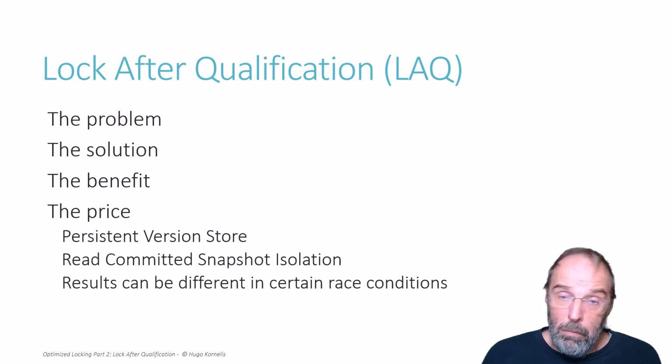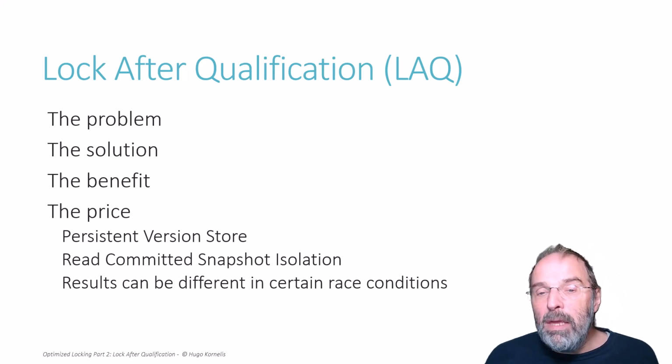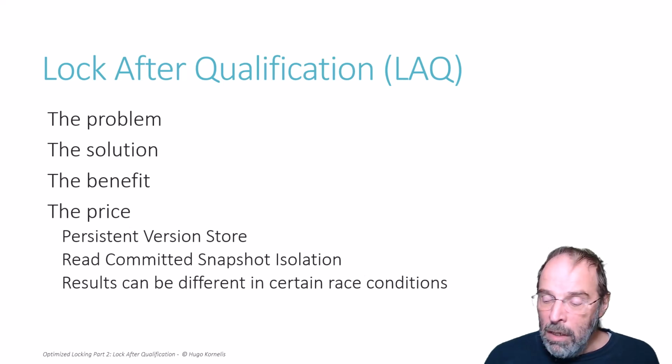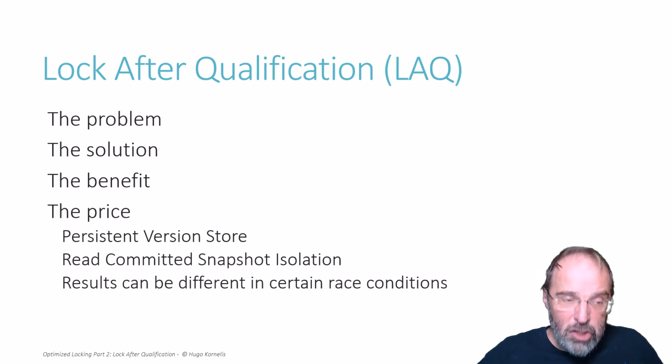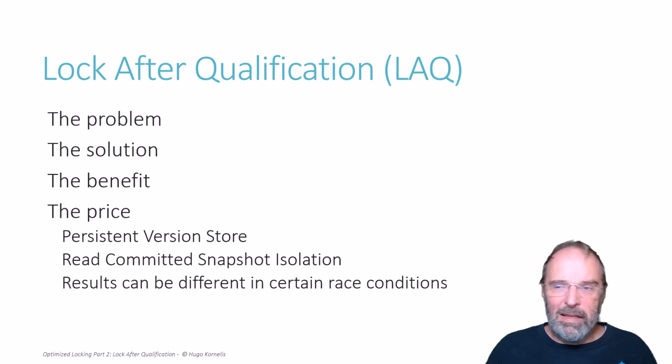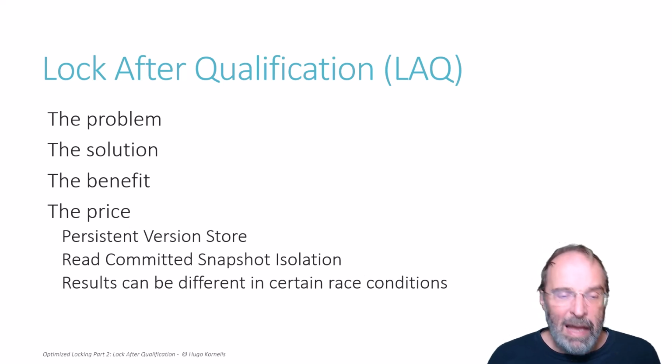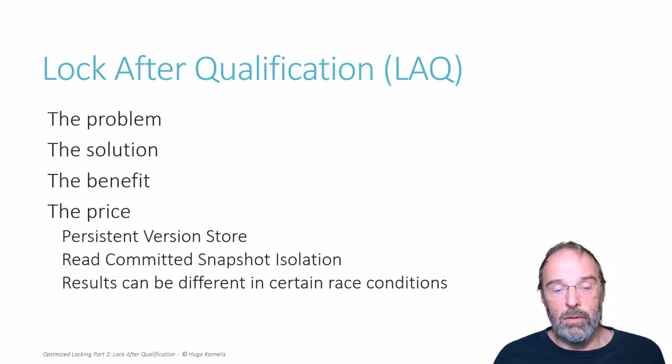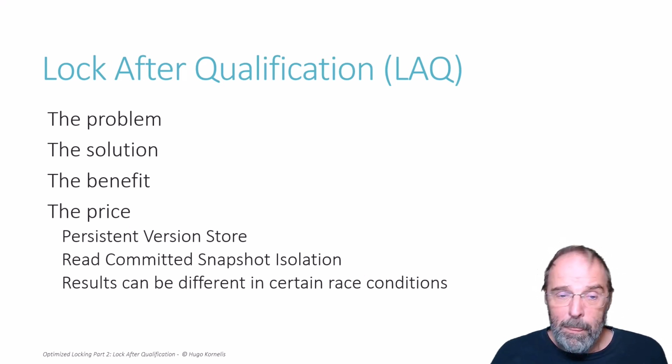And that, again, might not be what your application expects. Applications are usually built with the expectancy of a certain type of handling of race conditions, and this changes the race conditions. So the price for lock after qualification is that you really need to look hard at all possible race conditions in your application, and you might need to test for problems there.